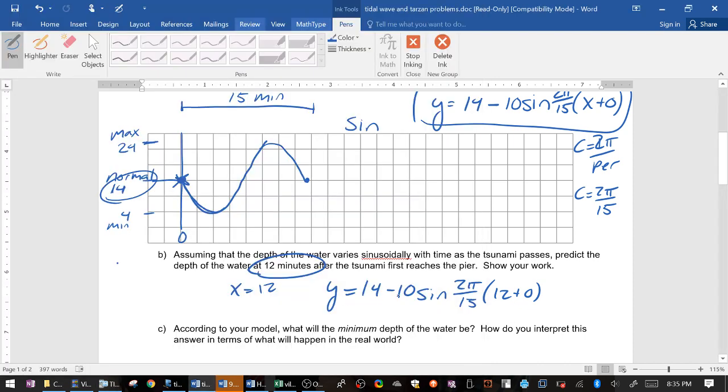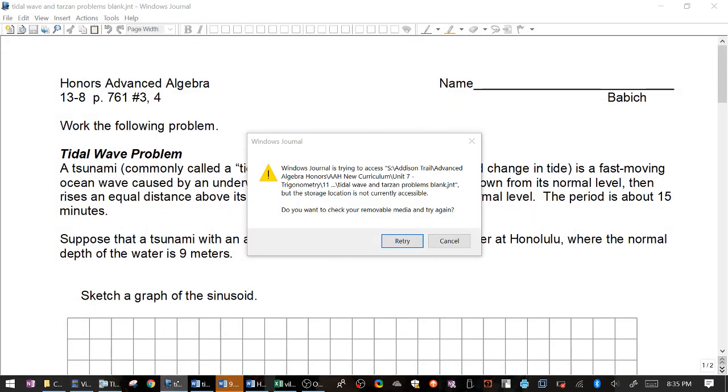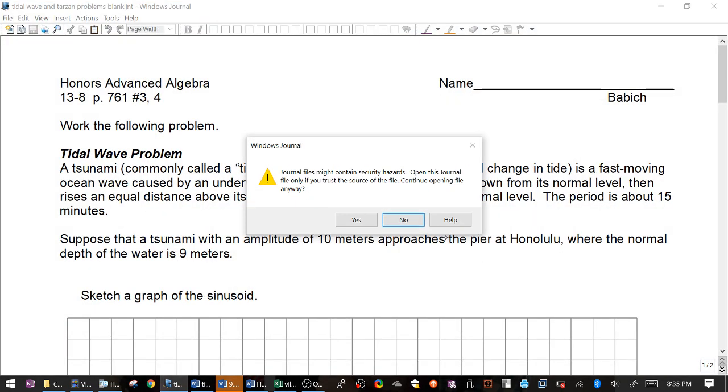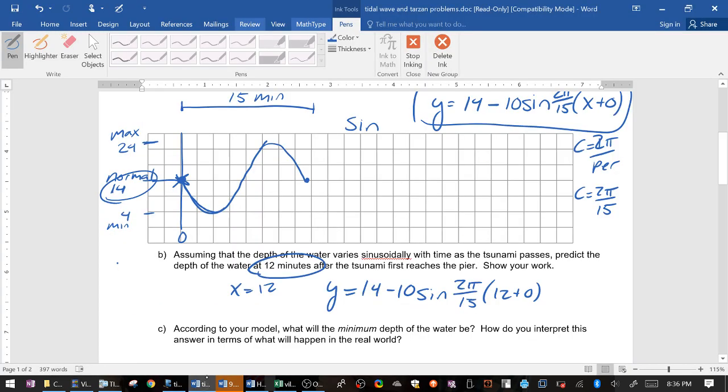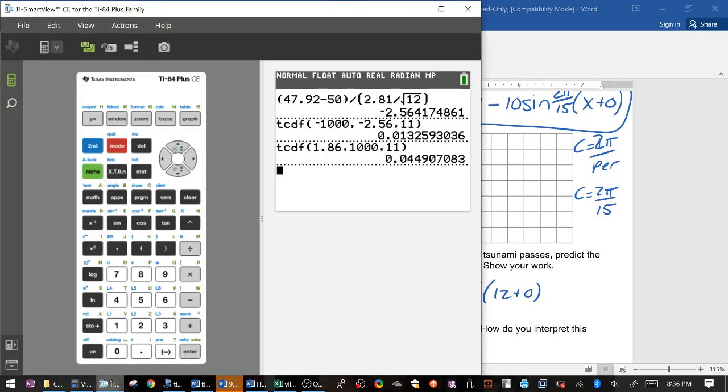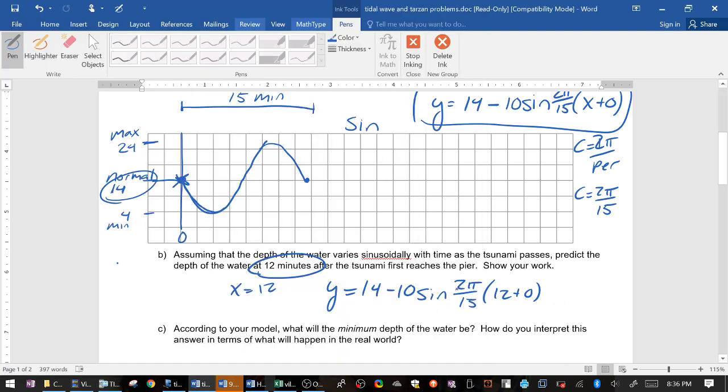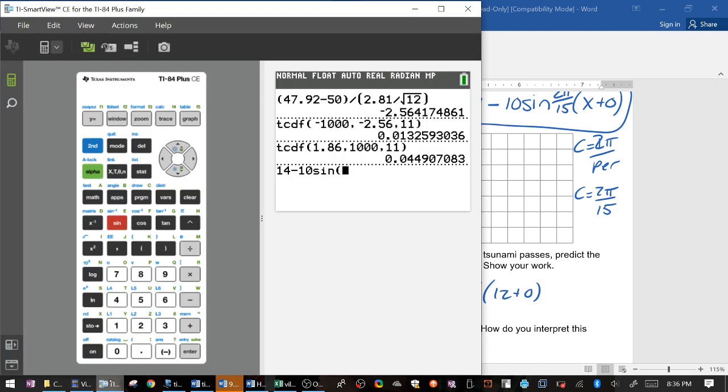So I got 14 minus 10. Hold on a second. All right, so I do 14 minus 10 sine, and they automatically start parentheses here. So I got to type in this 2 pi over 15 first.